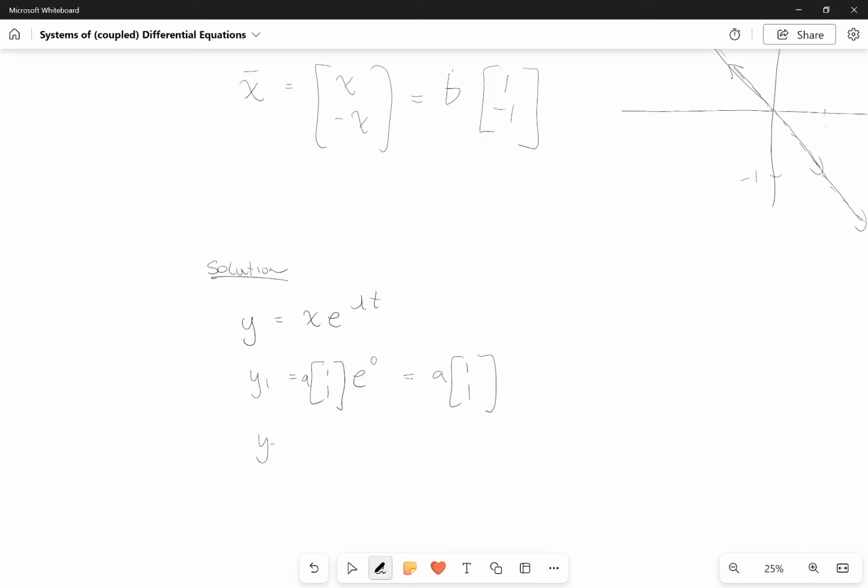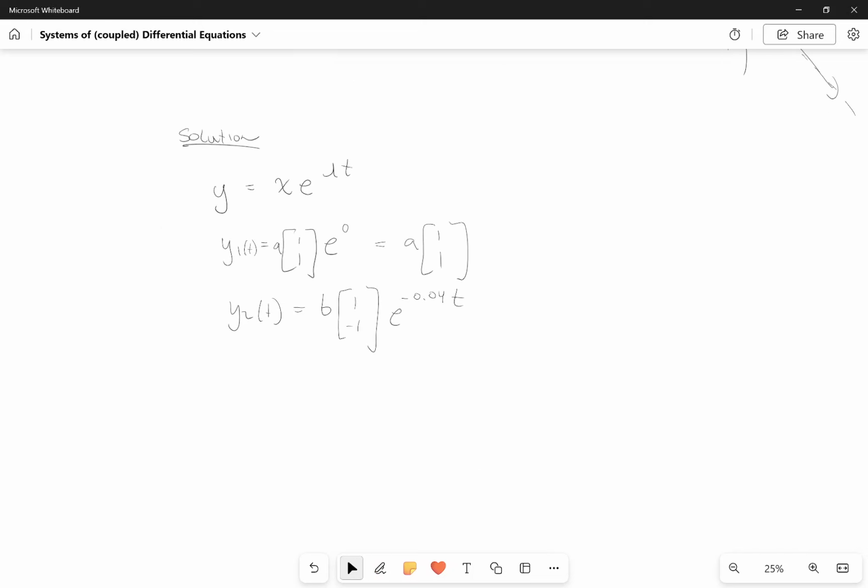And y2 is equal to b (1, negative 1) e, now lambda was negative 0.04, times t. Okay, so these are the two particular solutions.